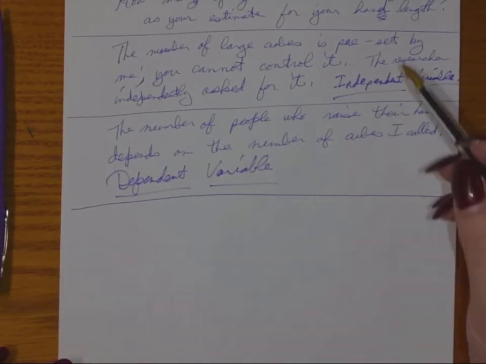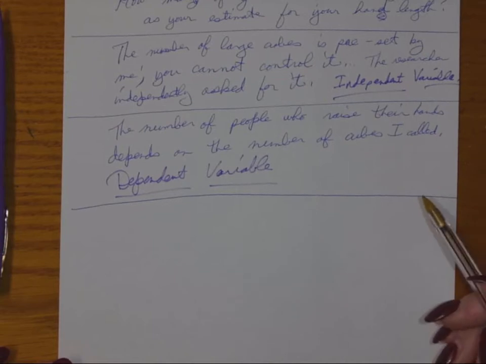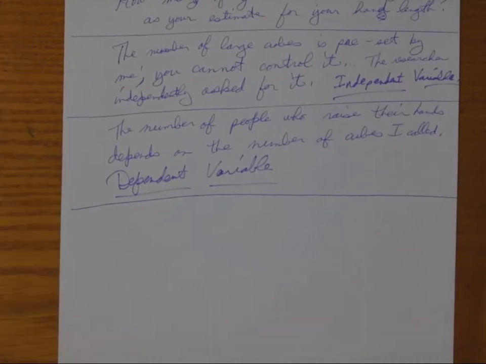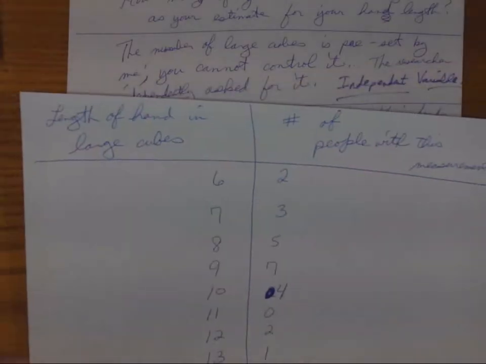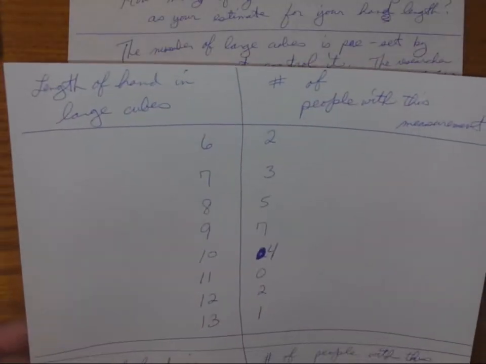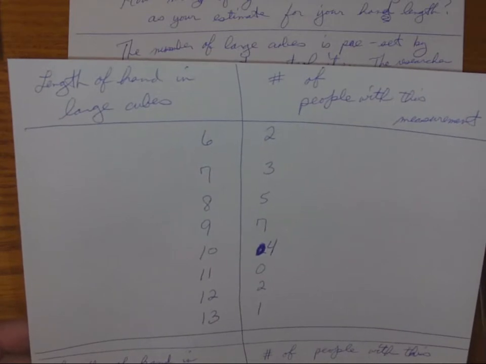It's the output that comes along whenever I put in this input. Okay, so those are independent variables and dependent variables. So just kind of keep that in mind as we go through. So whenever I finish calling out how many of you have this many, how many of you have that many, maybe this is what it looks like.